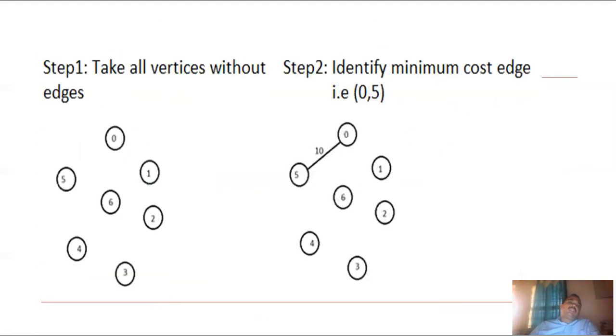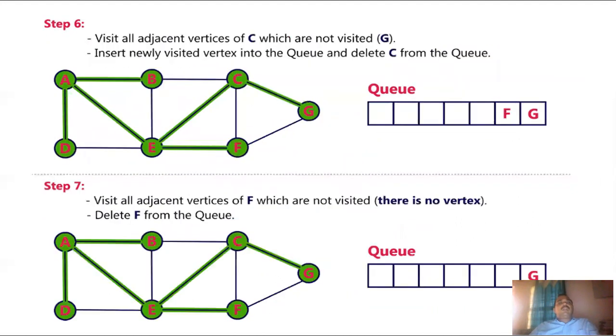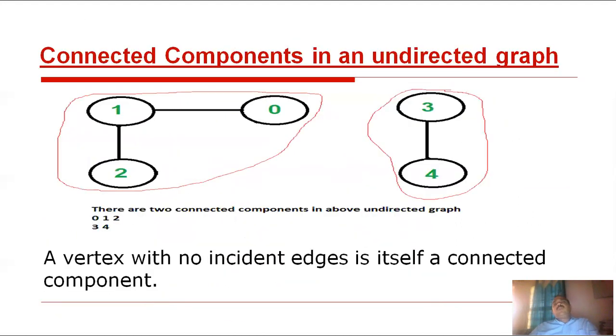Today's class is connected components in an undirected graph. Yes or no? These three are the adjacents of 1. These are connected. These two are the adjacents of 3. These are also connected. Connected components in an undirected graph.